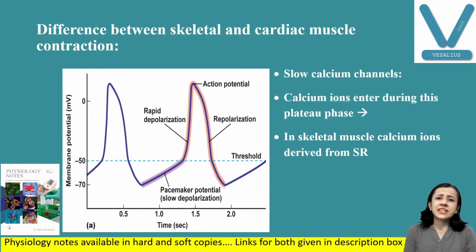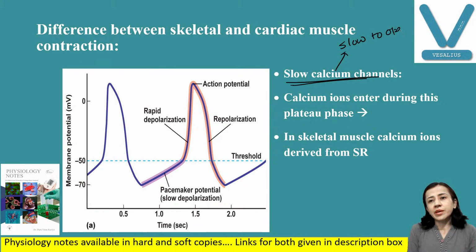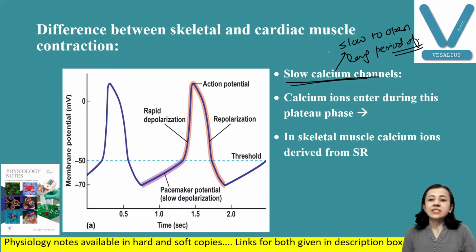So difference between skeletal and cardiac muscle contraction is the opening of slow calcium channels, which are slow to open and remain open for a long period of time, several tenths of a second. During this phase, calcium ions enter, and that results in plateau phase. In skeletal muscle, calcium ions come out of the sarcoplasmic reticulum only, but in cardiac muscle, calcium ions are coming from the extracellular fluid also through TTPs.